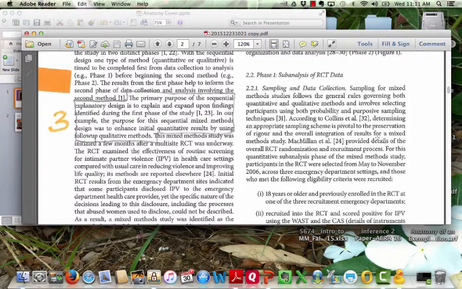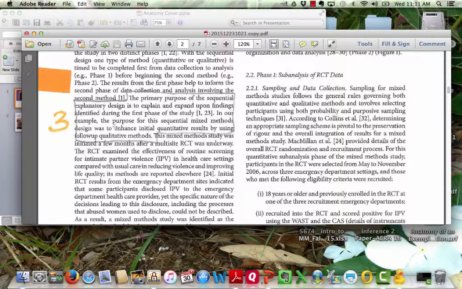This one fits what they would call a complementarity design because they talk about how they use the qualitative findings to enhance initial quantitative results. So the word enhance, add depth, add comprehensiveness is consistent with that complementarity purpose.